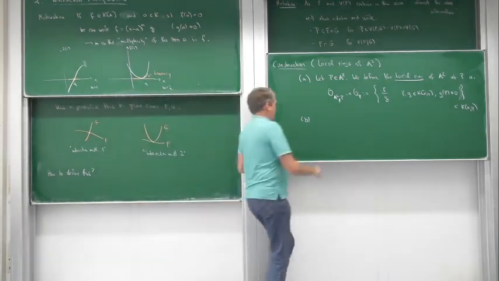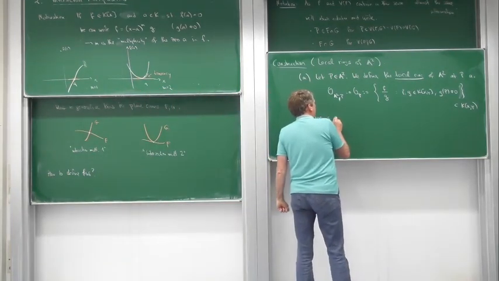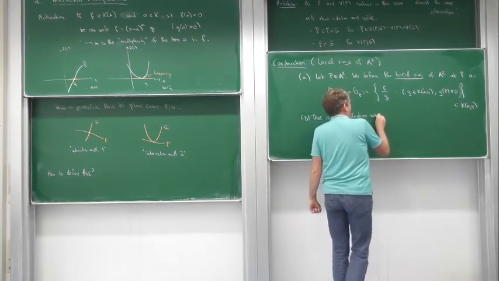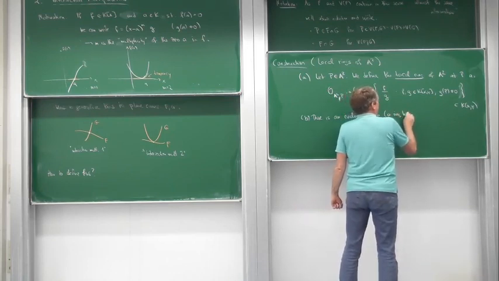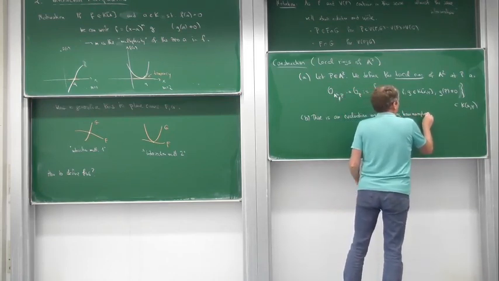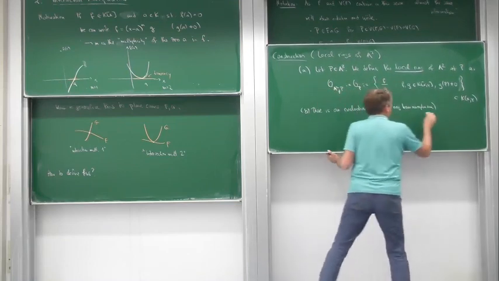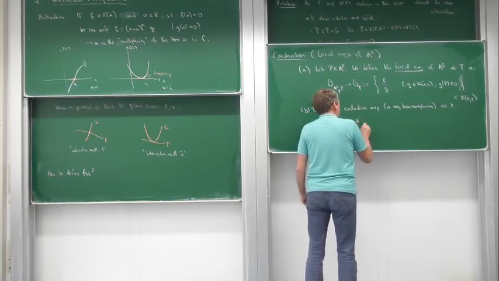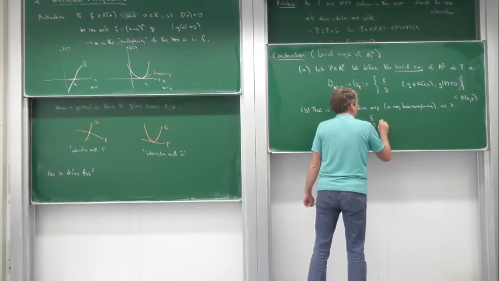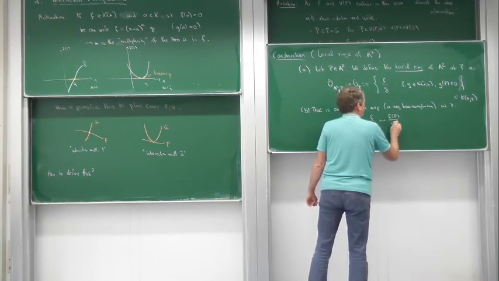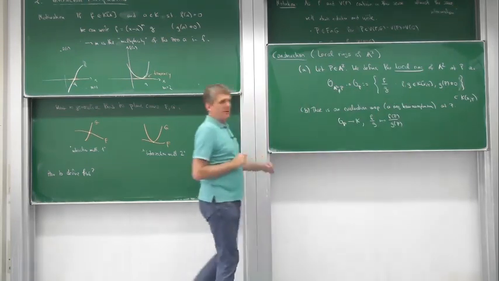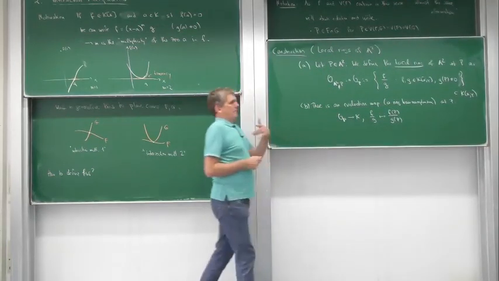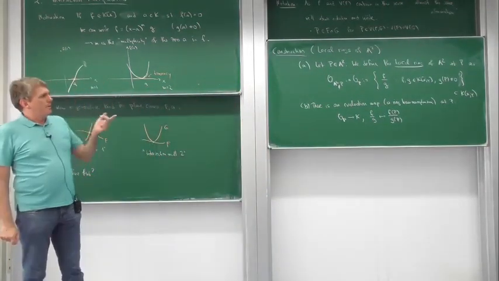So there's an evaluation map at P, which is actually a ring homomorphism, that goes from OP to K and takes such a thing, f over g, and maps it to f of P over g of P. That's well defined because g of P is not 0, and it's a ring homomorphism. And that has a kernel, which is an ideal, and that would be the ones where f of P is 0.